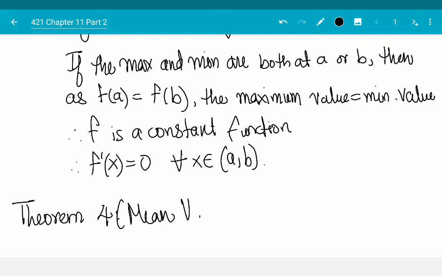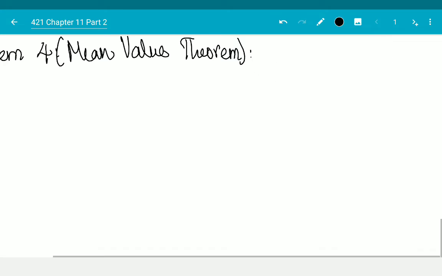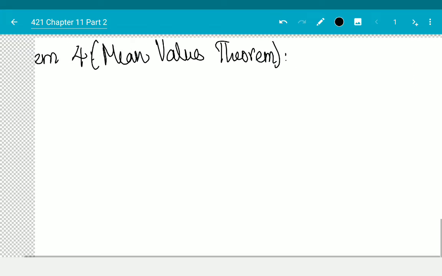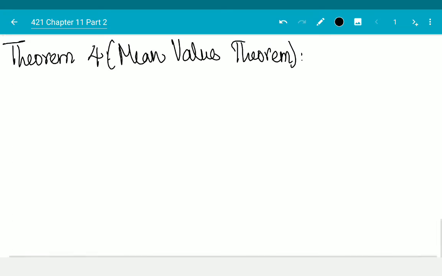mean value theorem. What does the mean value theorem say?